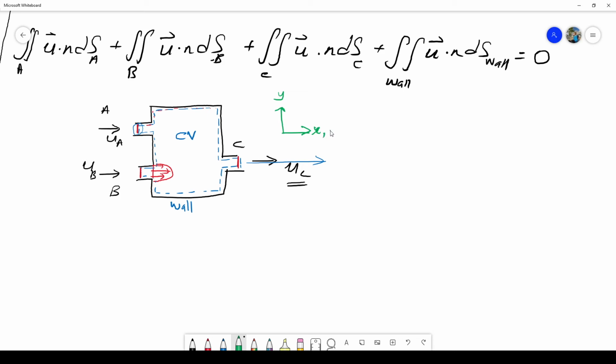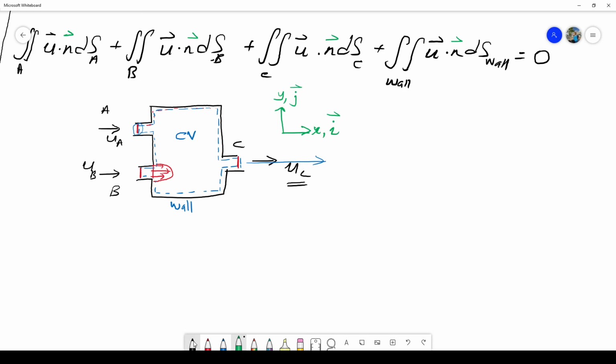We will have index i in the x direction, and index j in the y direction. This is very important for dealing with the unit normal to the surface that is contained in our continuity equation.